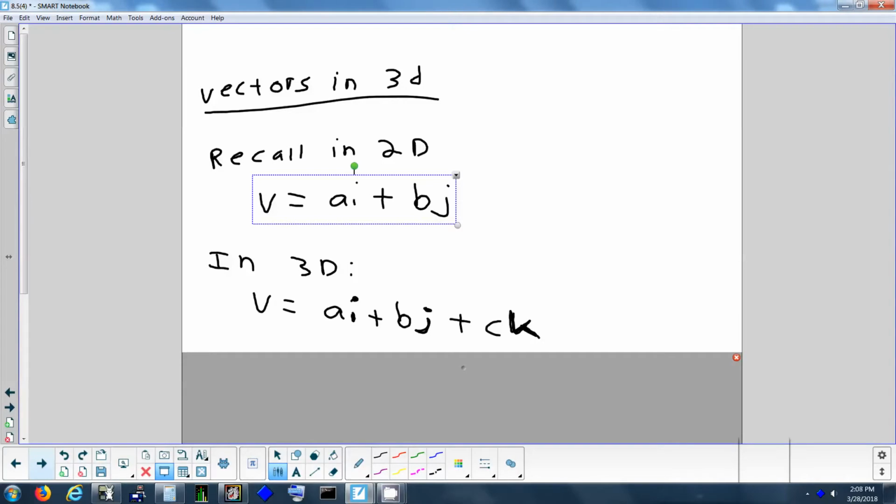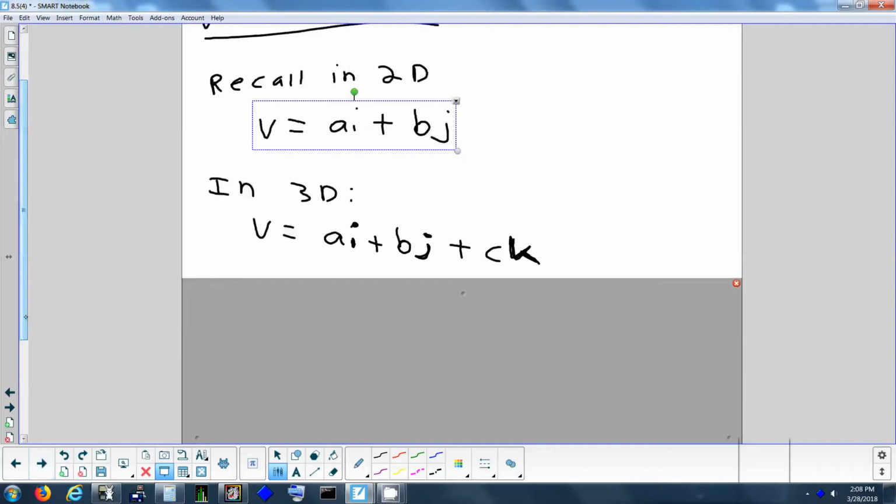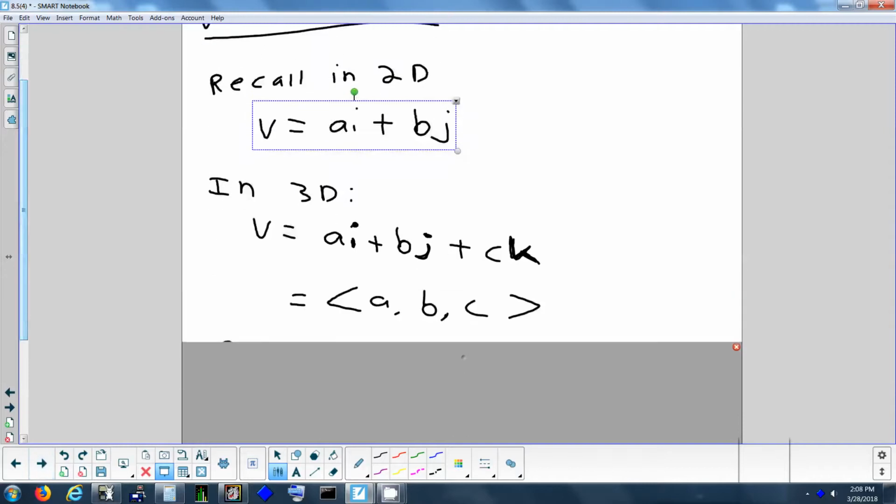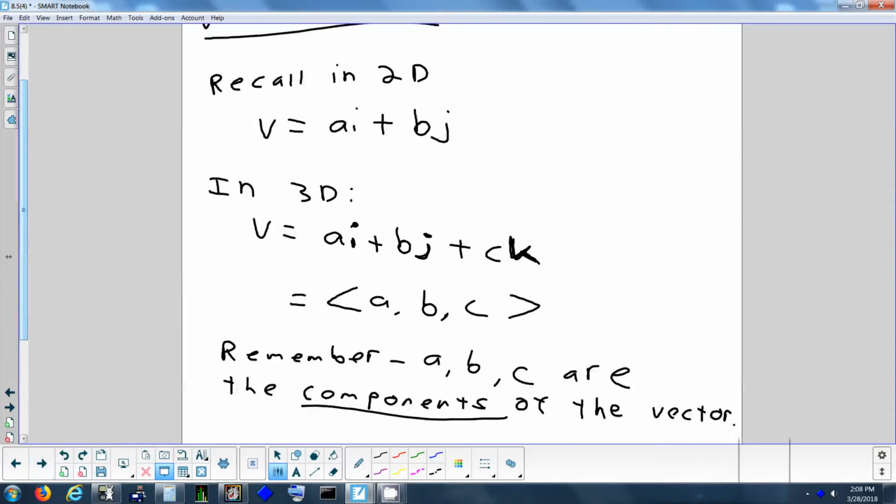So you can move left and right, up and down, and forward and back, stacking together i's, j's and k's. If you wanted to write it as an algebraic vector with the brackets, you just write the components. X-axis, y-axis, and z-axis components.